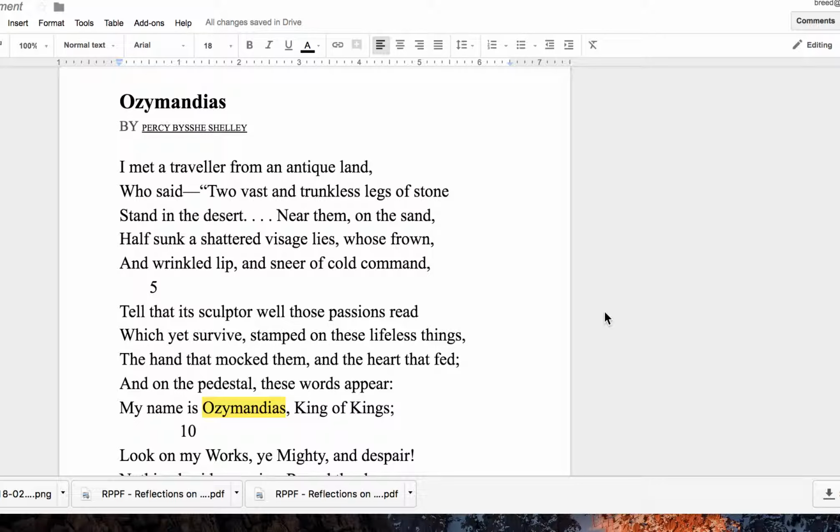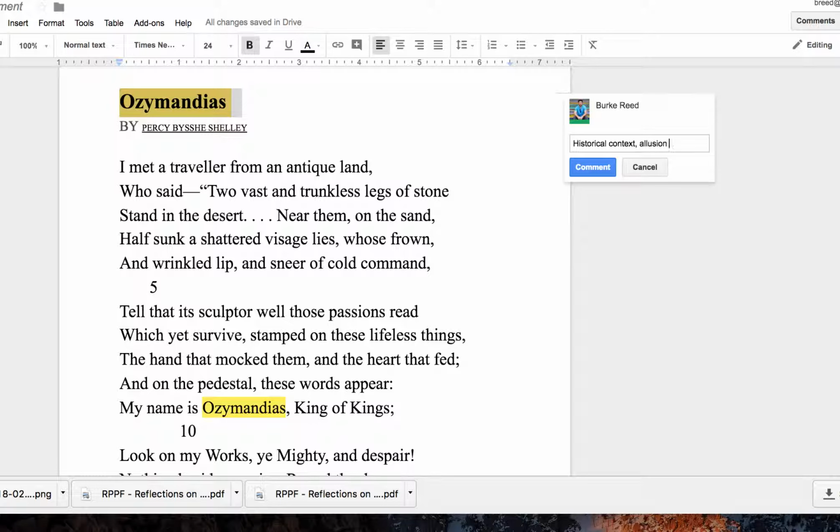So let's begin here. Ozymandias, the title in itself, is a reference to Ramses, so we have a sense of historical context here. This is also an allusion. I'm just going to say Egypt, I don't remember how to spell Ramses off the top of my head.